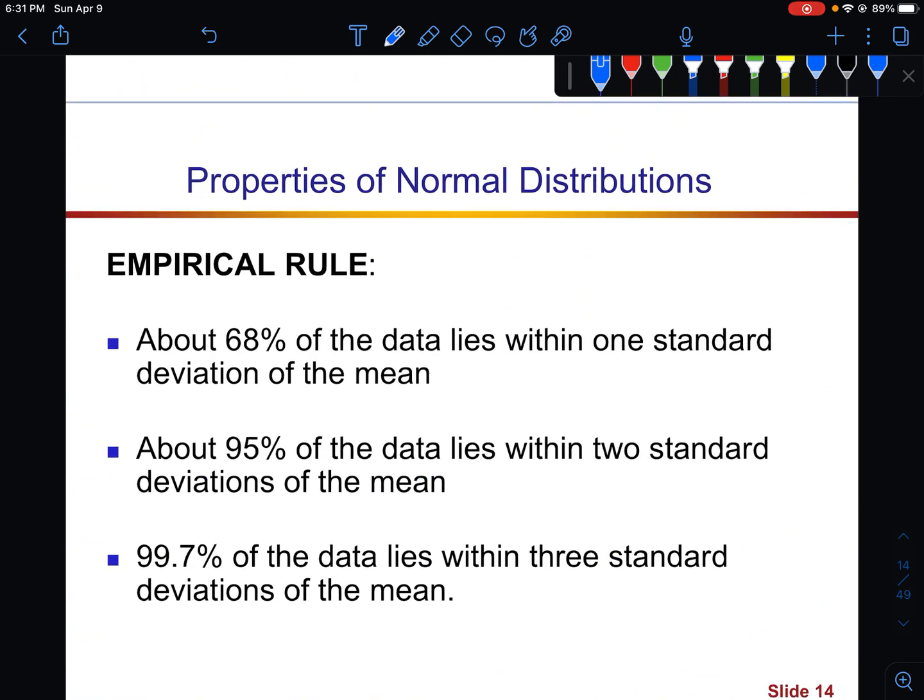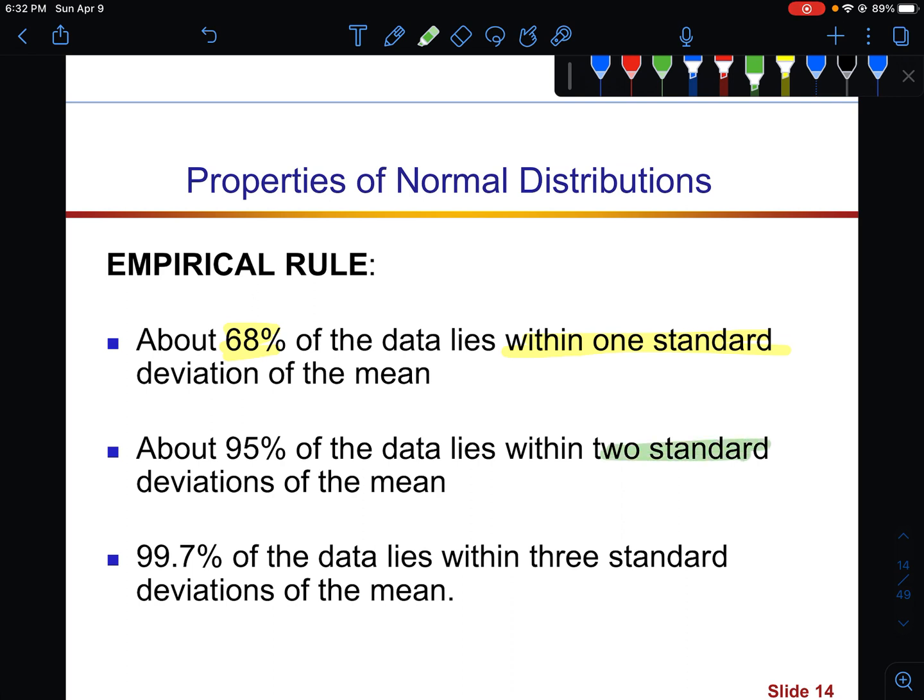So one of the things that we'll do is accurately find these percentages, but there's a rule of thumb, or an empirical rule. About 68% of data lies within one standard deviation. That means adding the standard deviation and subtracting it once, and that area would represent 68%. We'll see a visual on the next slide.